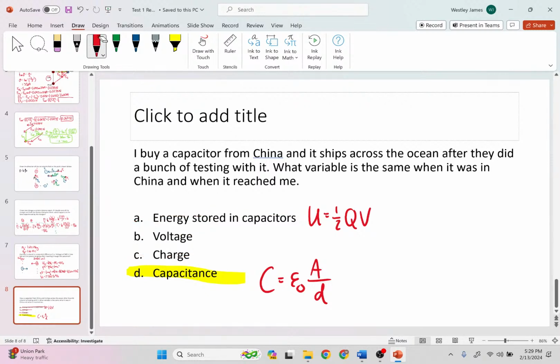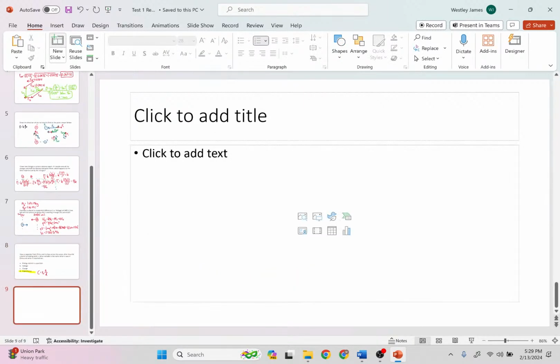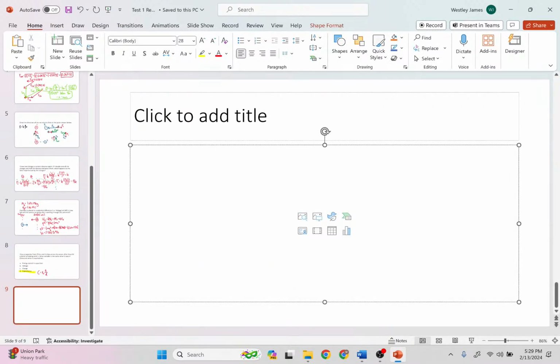All right. Let's do the other two scenarios. I hook up a capacitor to a 1.5 volt battery.